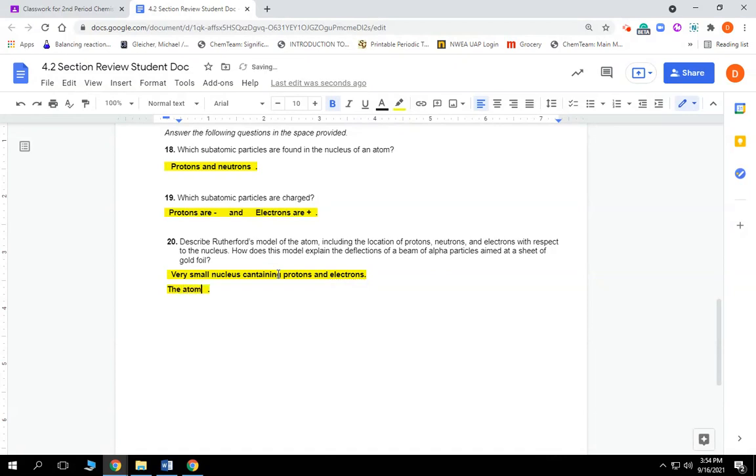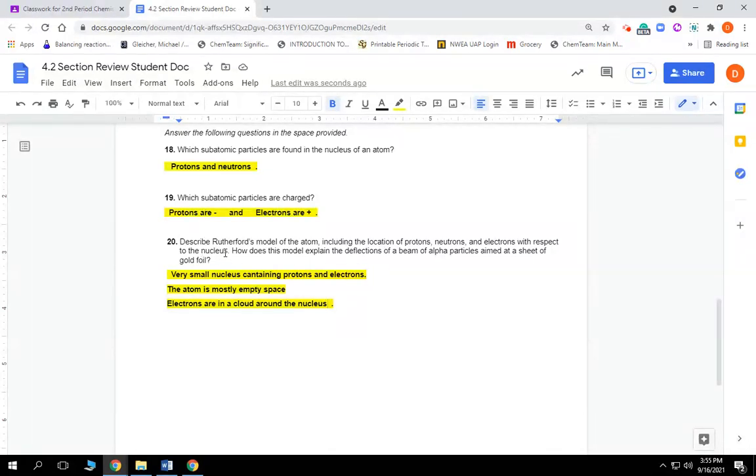The atom is mostly empty space. And the electrons are in a cloud around the nucleus. That's pretty much what I would think they would be.